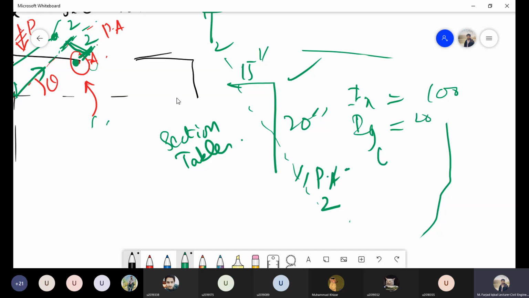And it will also mention in that table the orientation of this principal axis and the moment of inertia about this principal axis. Using those section tables, we can calculate these parameters for any type of section. You will see how we do it when we solve the numerical problem.